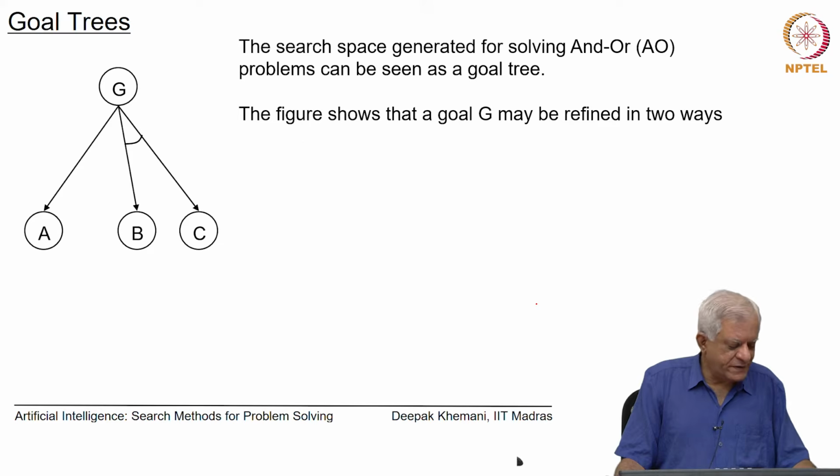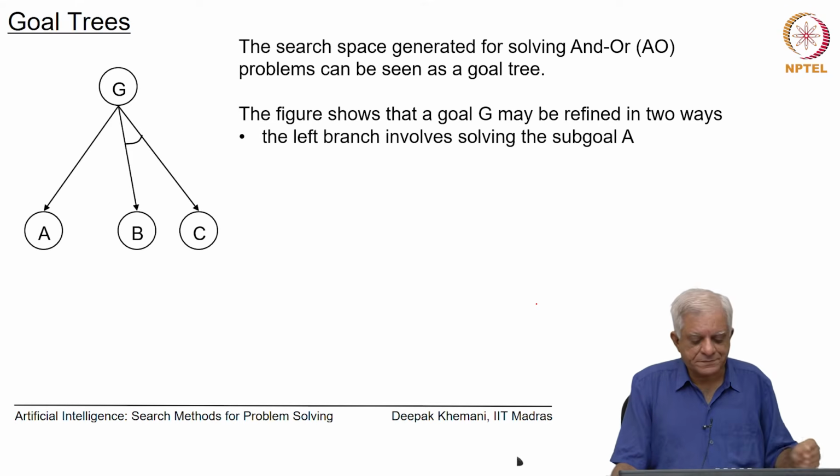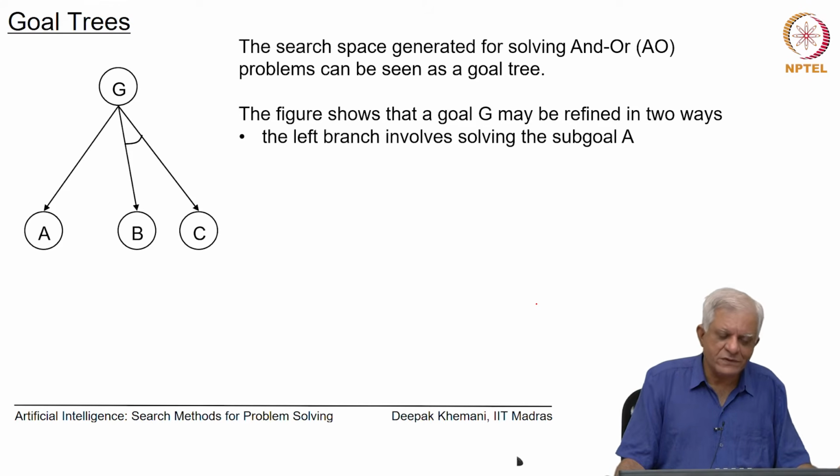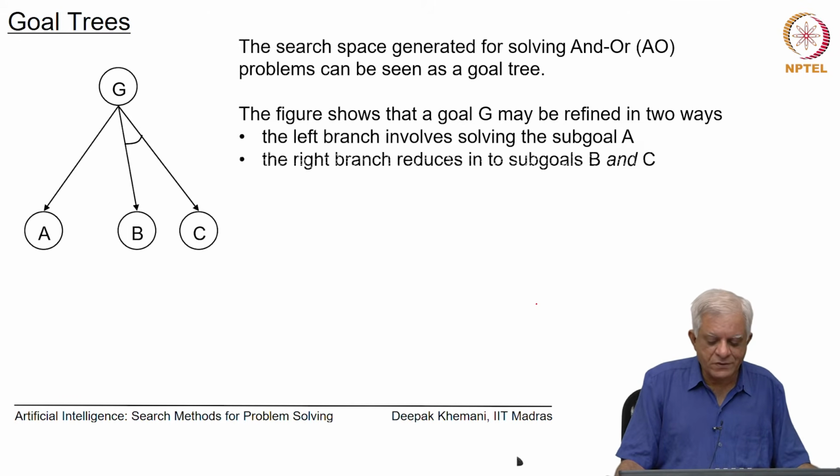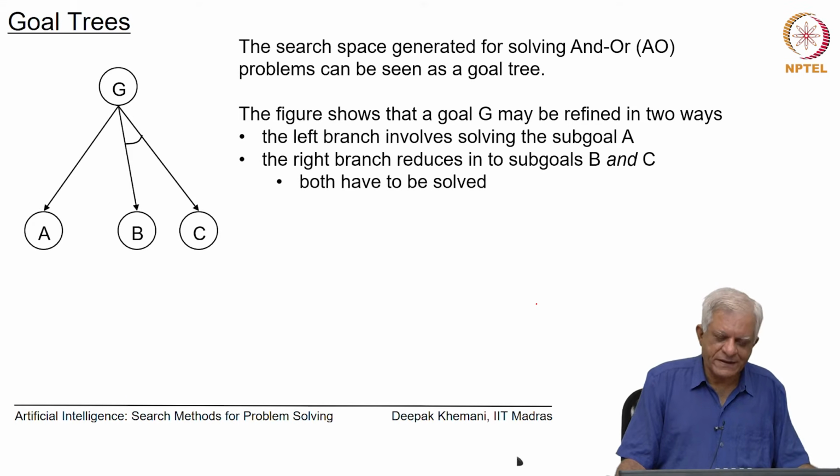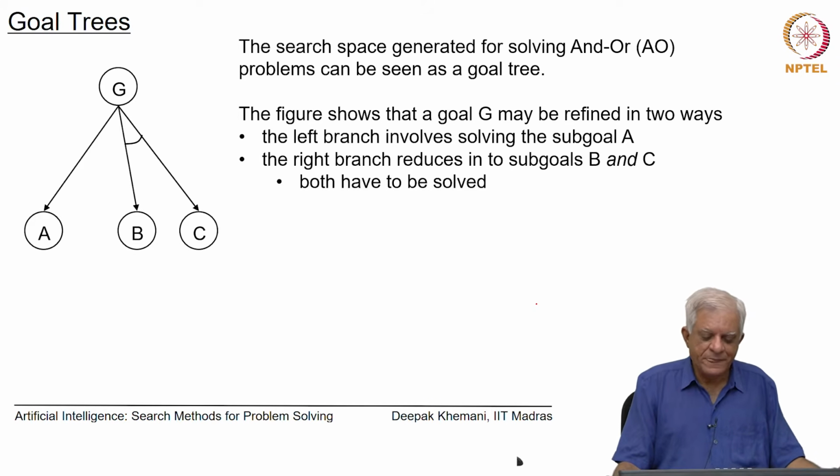In the left hand side, you can see that you have reduced the problem G to a problem A, and we saw examples of this when we were looking at symbolic integration. On the right hand branch, you will see that you have reduced the problem G into two sub goals B and C, but they are joined by an AND edge, and the semantics of that AND edge is that to solve G, you have to solve both B and C essentially.